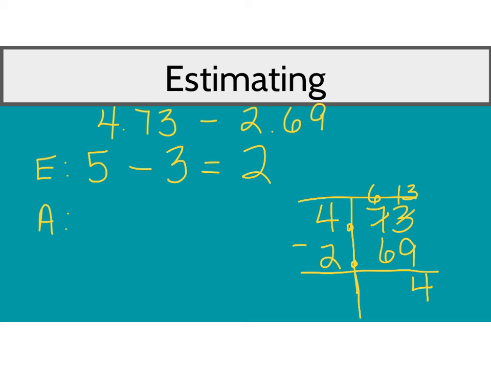That's going to give us 4, 0. We're going to put our decimal point, and 2. So our actual answer is 2 and 4 hundredths. Our estimate was 2. Nice job.